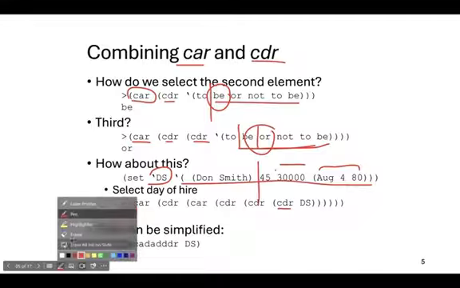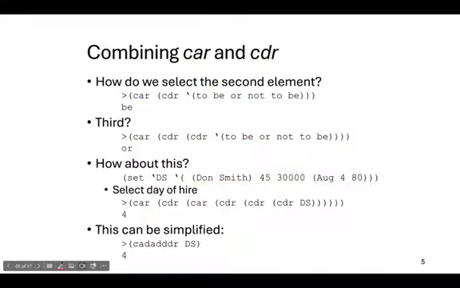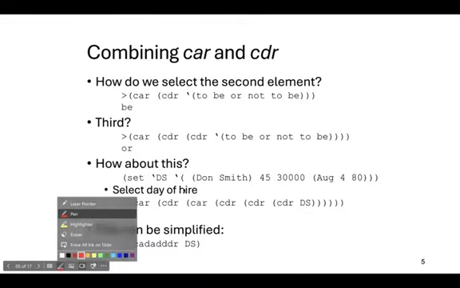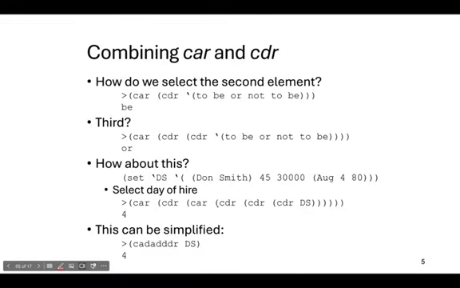Let's clean things a bit here, erase, okay, and let's do it again. We're going to apply that sequence to our list here. The first time we apply cdr on DS, that's going to cut it here. The second time we apply cdr, it's going to cut it here. The third time we apply cdr, it's going to cut it here, and now we have a list remaining.